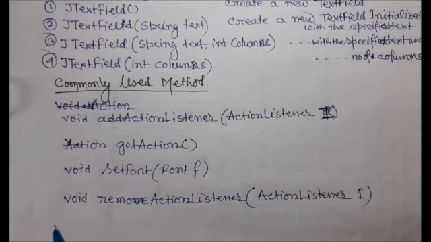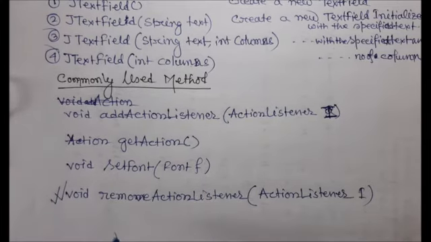We also have removeActionListener, which is used to remove the specified action listener, so that it can no longer receive action events from this text field. From the name you can understand that remove means the listener no longer exists or is associated with the action event of this text field.